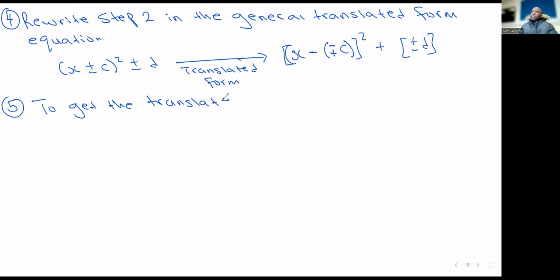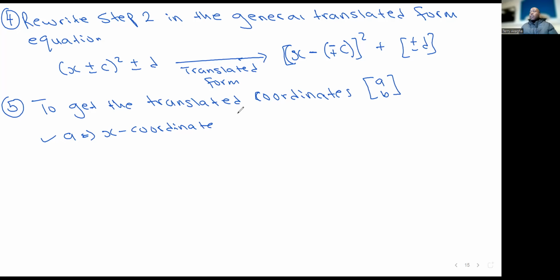Then after you've done with that, now to get the translated coordinates, so to get A and B, okay, so translated coordinate, that means we're talking about A and B. Is that making sense? So the first one, the A, which represents the X coordinates, okay, how do you get it?